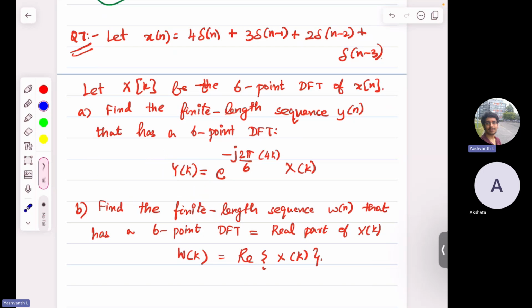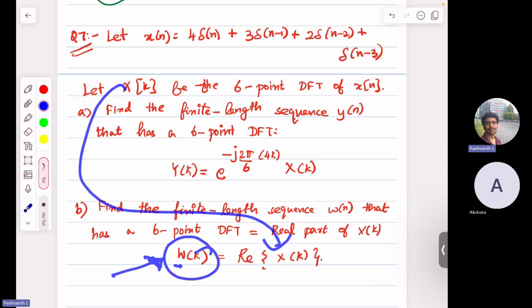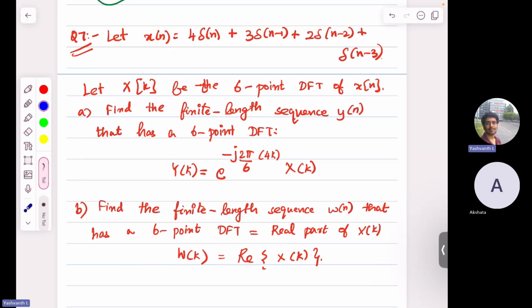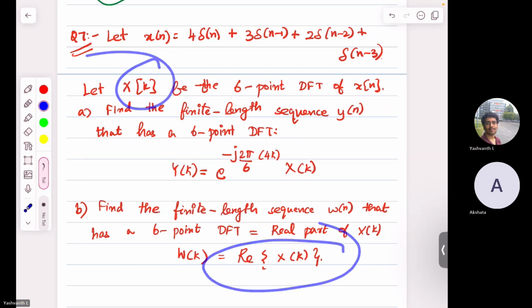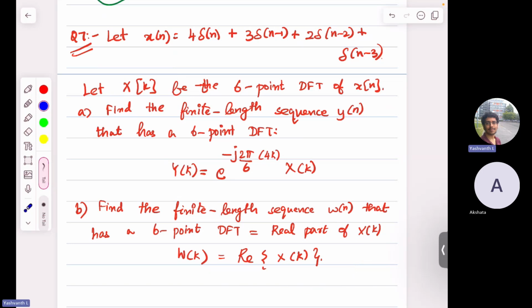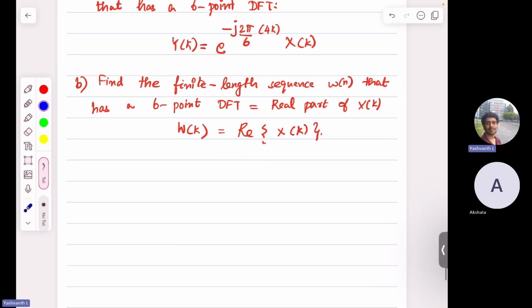Next, take the real part of x of k for every k, and tell me what is the equivalent time domain signal whose DFT is the real part of this x of k. These are the two questions that we need to solve. Let's do them one by one.